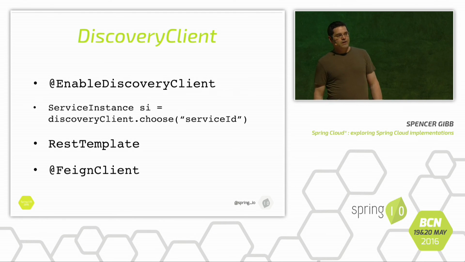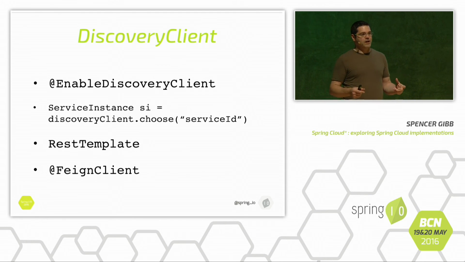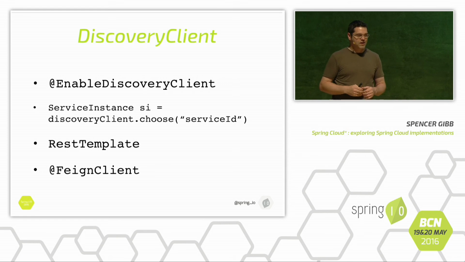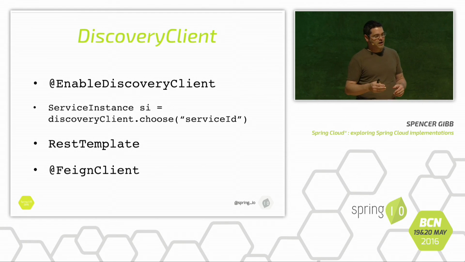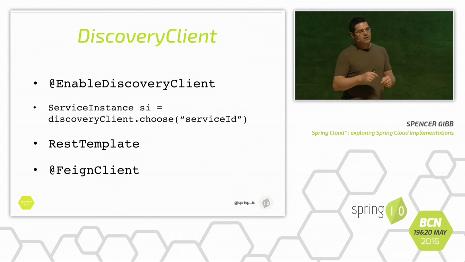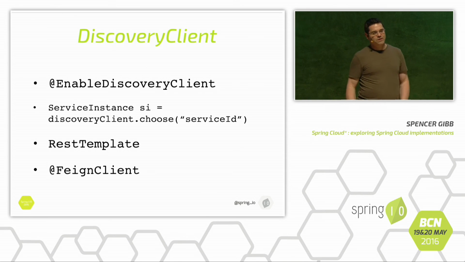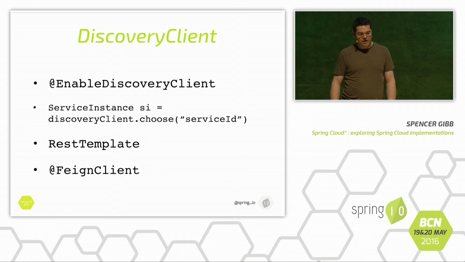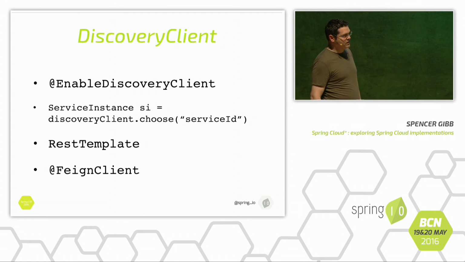Feign is a declarative REST client, so where REST template is you walk through the programmatic steps to interact with a client. Feign, you declare annotations on an interface, and it lets you do a client that way. And we instrument that with Discovery as well. So there are a number of ways you can interact with Discovery using Spring Cloud.